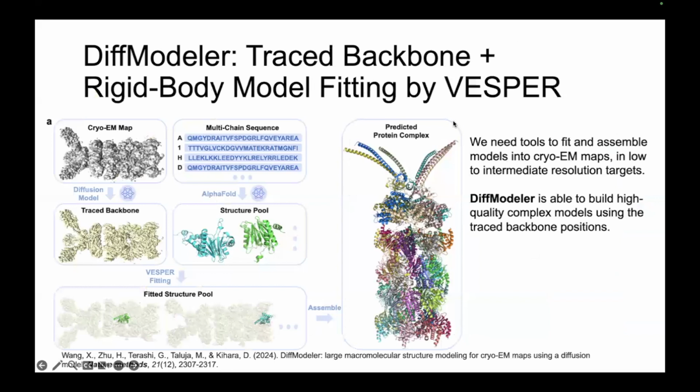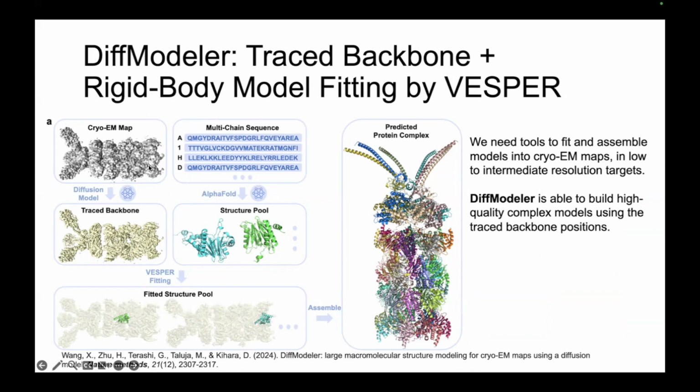So this is the overview of DiffModeler. DiffModeler is a combination of the backbone positions traced by using the diffusion models and rigid body model fitting by Vesper. Vesper is our rigid body fitting tool. Suppose we have a density map and also the sequence file.